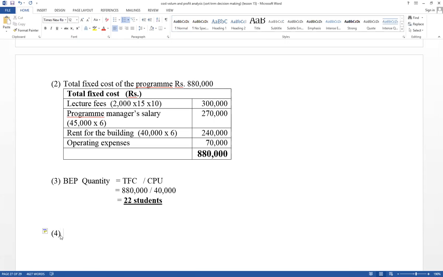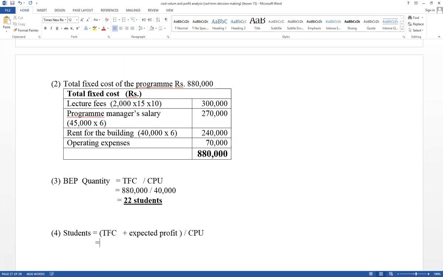Therefore, students equal total fixed cost plus expected profit, then divided by contribution per unit.